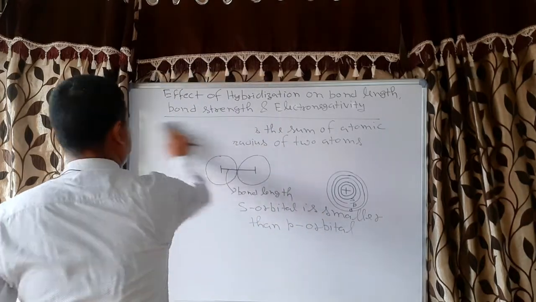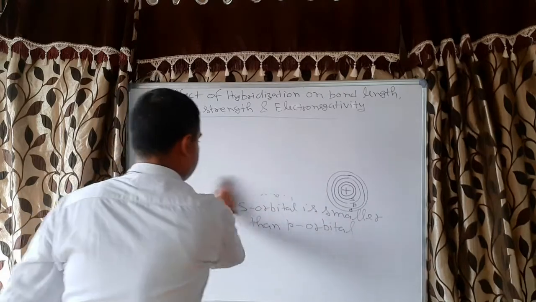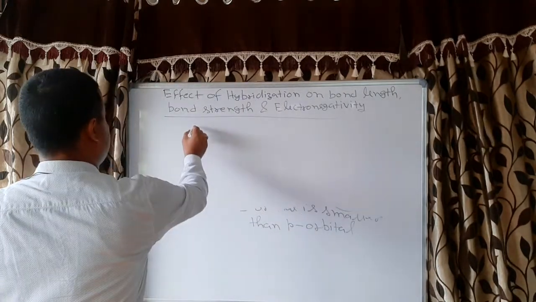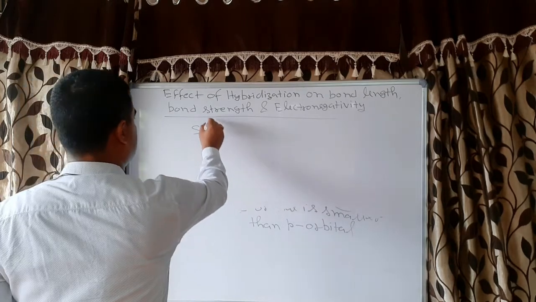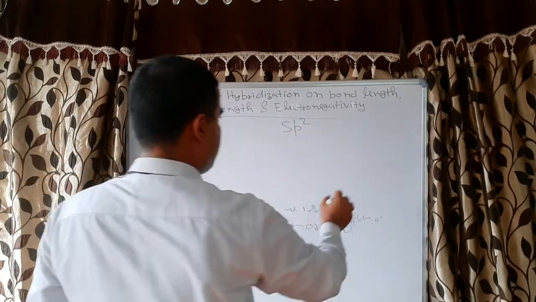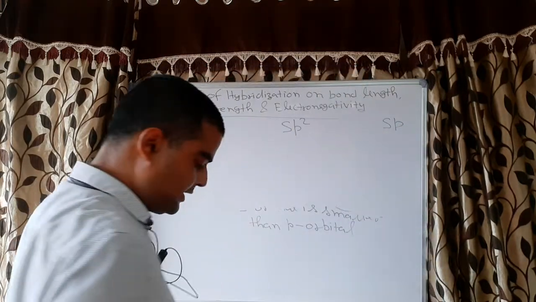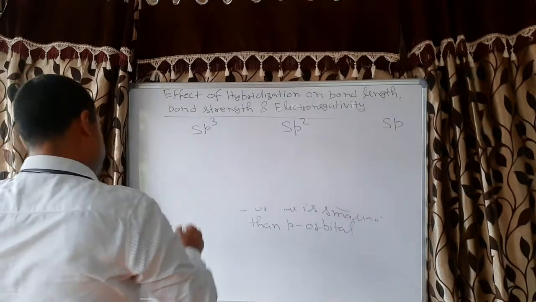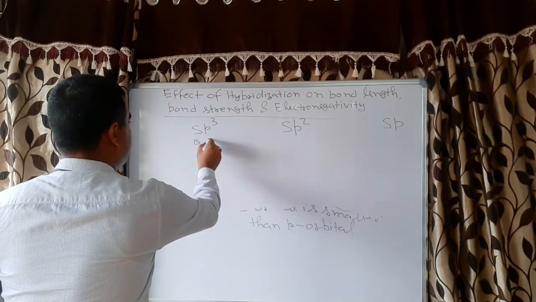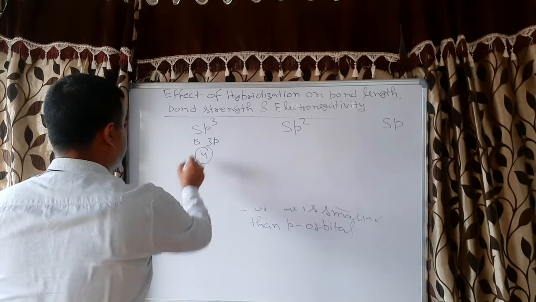Now let us consider sp3, sp2 and sp hybridized orbitals. So sp3 hybridized orbital means one s and three p, so the total is 4 orbitals.